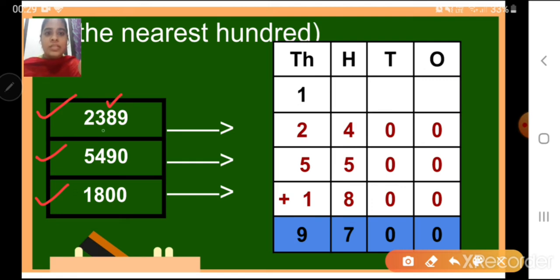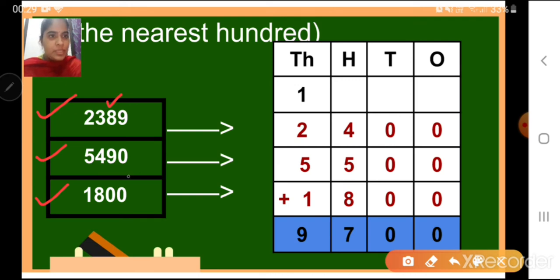Okay, so 3 plus 1 is 4. So this number when we round it off, we will get 2400. Children, the number at thousands place we are not going to touch because they have only told us to round off to nearest 100.